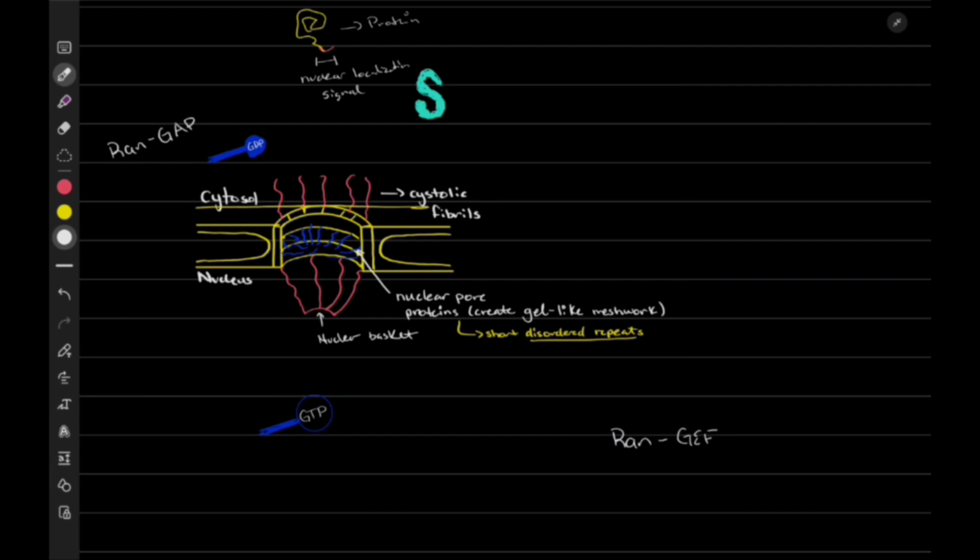So this one has a specific signal called a nuclear localization signal that will help bring it inside the nucleus, and it uses a nuclear import receptor protein that is specific to the nucleus.